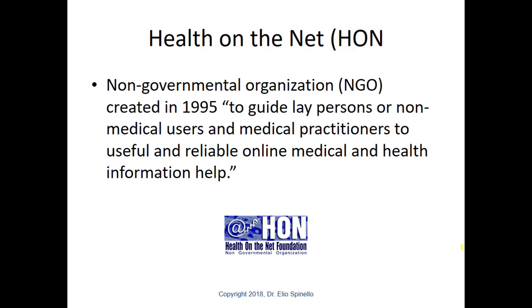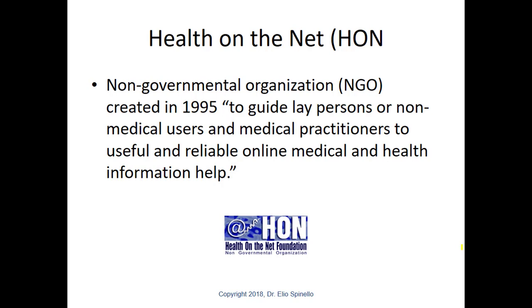What they did was they created essentially what they call their Health on the Net code. It's a set of guidelines that they believe that if a website follows those guidelines, they're going to be more likely to be publishing scientifically valid information. So for us, it's kind of an indicator.